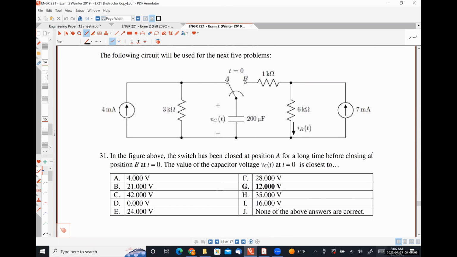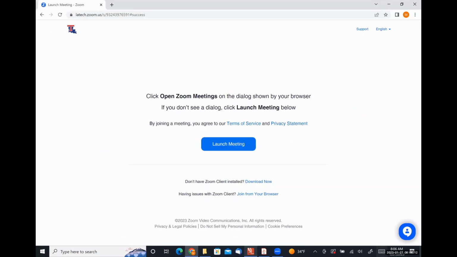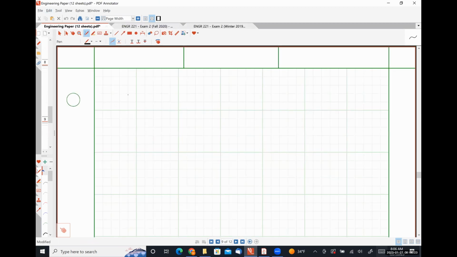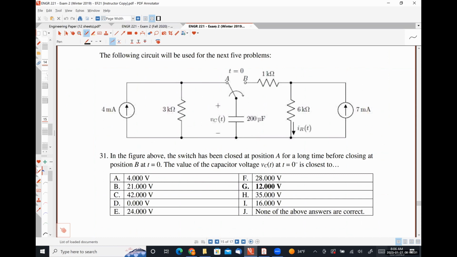Let's do this one. I didn't work this one yet, right? Okay. So we draw this out. Or we can always just have you guys make something up and I can suffer through that as well.